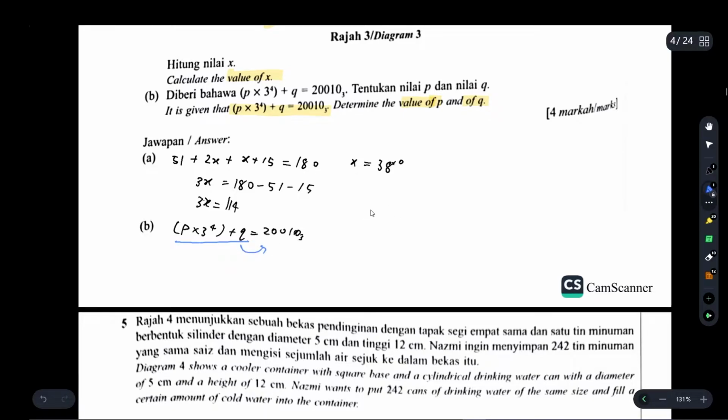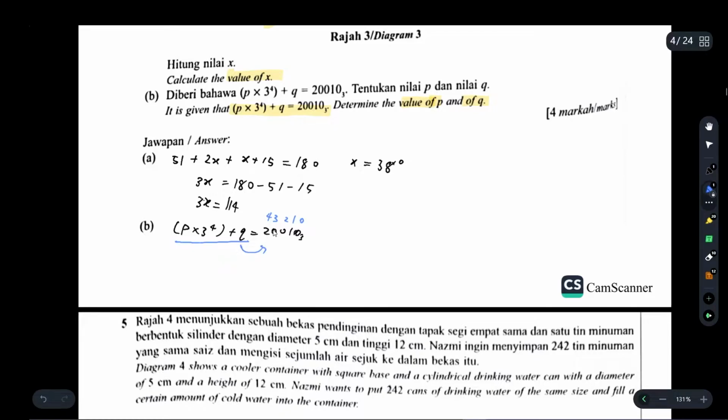So how do we convert base something into base 10? We take the number and multiply by the base of that number powered by something, and that power depends on the position of the number. So we start with 0, 1, 2, 3, 4.